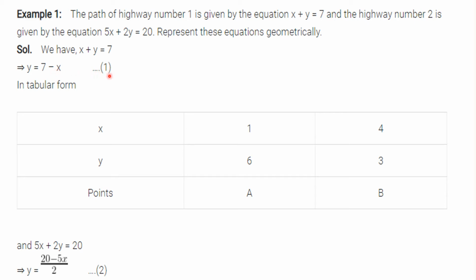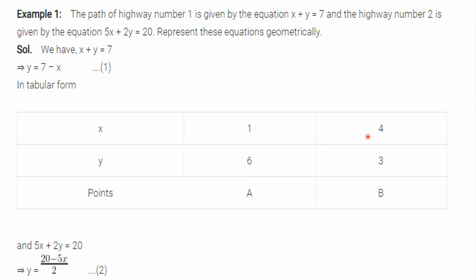When I take the value x equals 1 and put it in equation number 1, I get y equals 6. Again, if I take x equals 1 and put that value in equation number 1, on solving I get y equals 6.